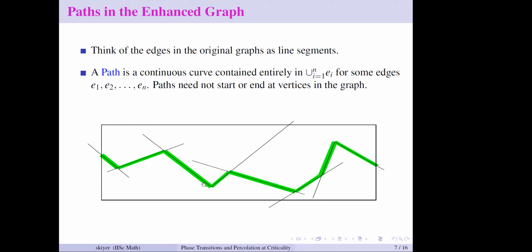This green marked thing is a path, so you have a path in this enhanced graph going from the left of this rectangle to the right side of this rectangle, whereas this will not be a path in my original graph. The original graph will have only a path something like this, or these edges, or maybe this one as well. So we do create extra edges, and you can see that this model would make sense only in 2 dimensions.